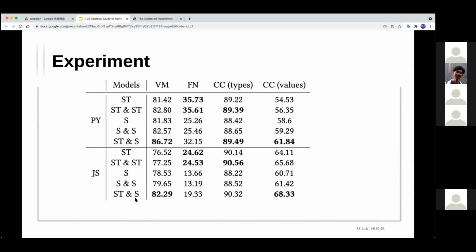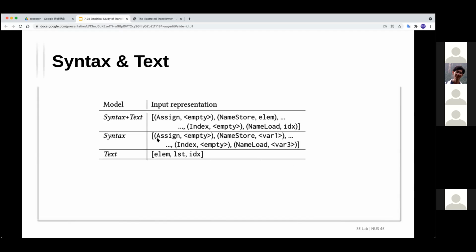So how do they add the syntax? Oh, the syntax is just the syntax of the AST tree. The text is actually the tokens. So how do they present the embeddings? My straightforward thought is that suppose the tokens are int a equals 1, right?